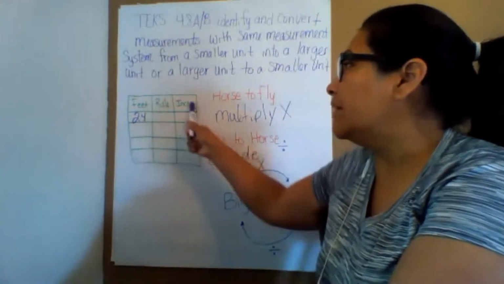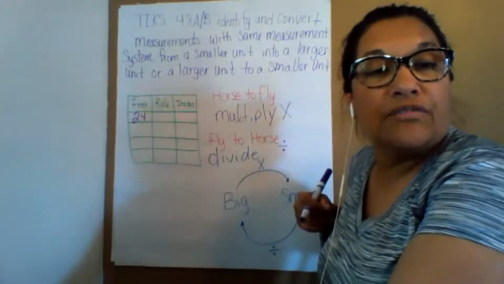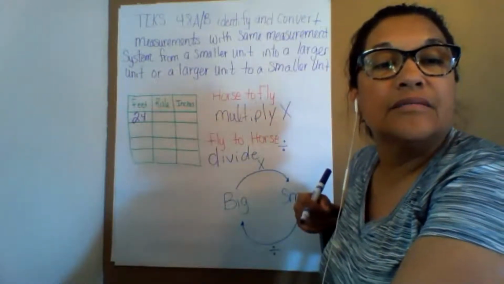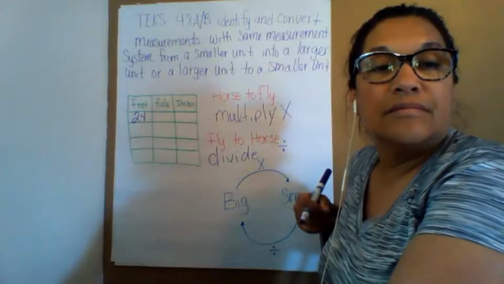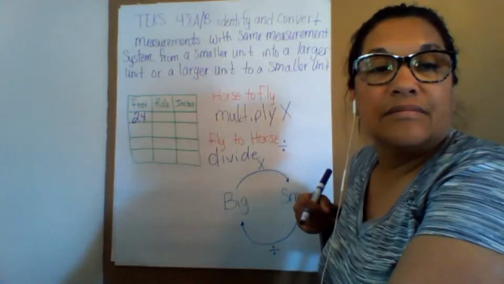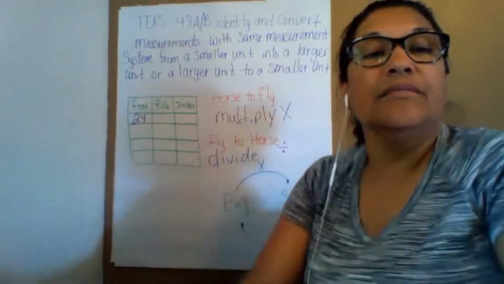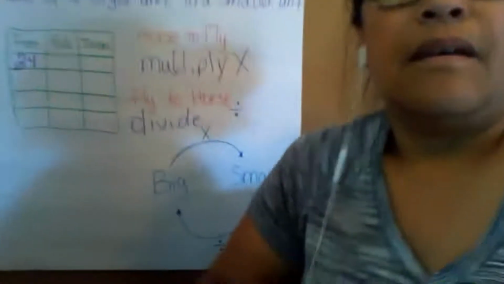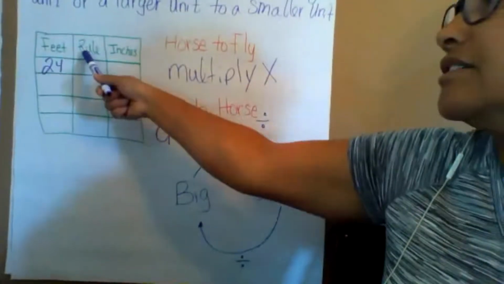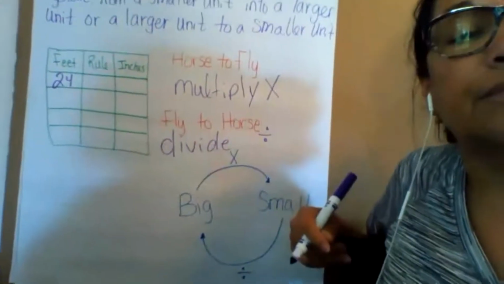How would I go from here to here? What do you have to find out first, Natalie? If I'm going from feet to inches, what's my rule?